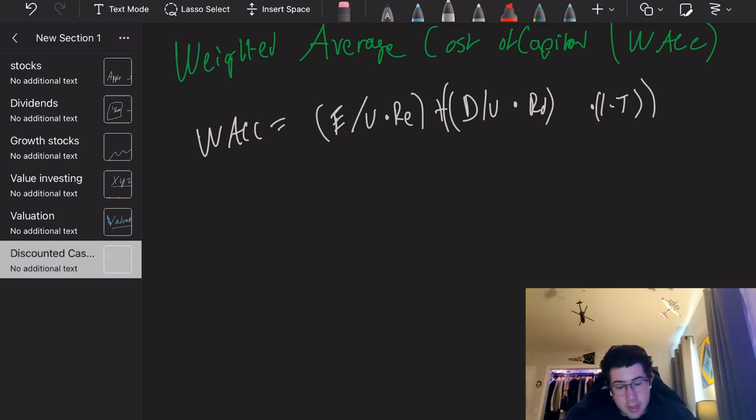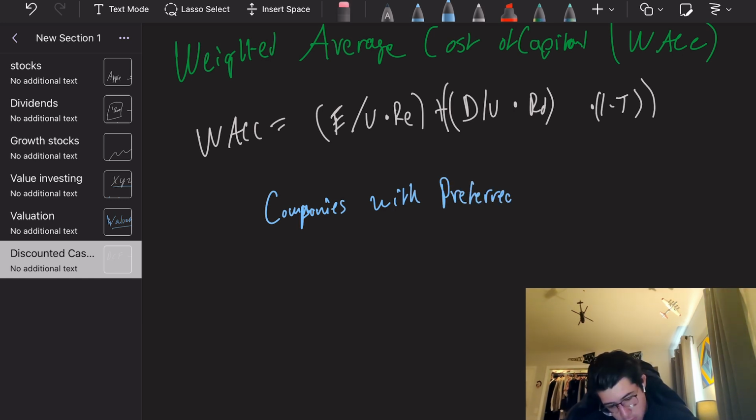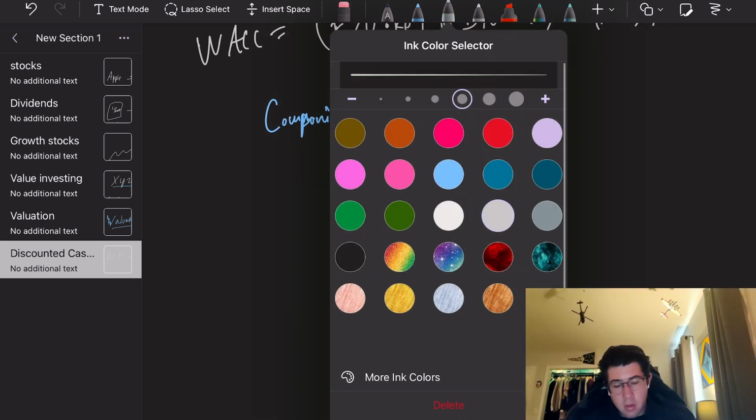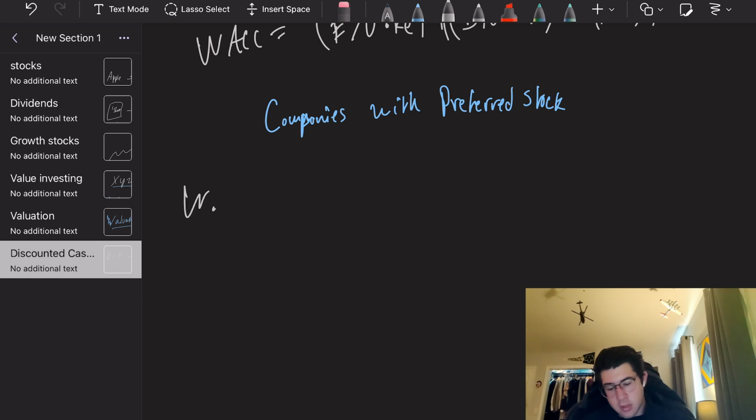And for companies that have preferred stock, it's going to be a little bit different, not much though. Essentially, you have the same thing.